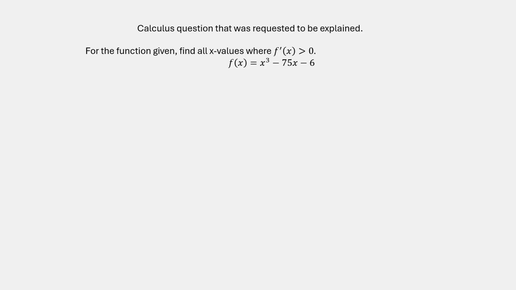So the first thing you do, read this question. It wants to know all the x values where the derivative is greater than 0. So where is the slope positive? Now, since this is not a line and it is a curve, a cubic function, these functions increase and decrease. They go up and they go down and they go up again. So we need to find out where this happens.